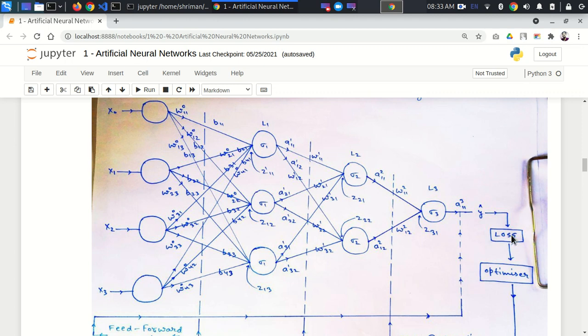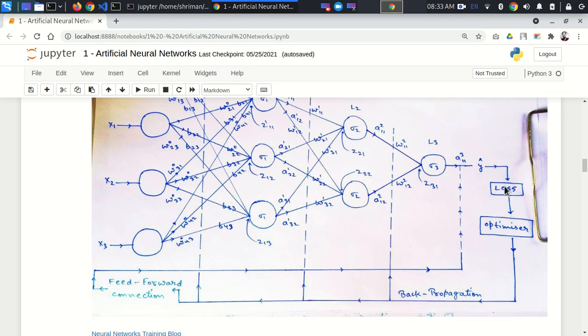Now guys, whenever we are able to calculate the loss, what is going to happen? We send this particular loss for optimization, and we choose one kind of optimizer, and then we update each and every weight in each and every layer in backward order, right? This is what we discussed in terms of backward propagation, guys.